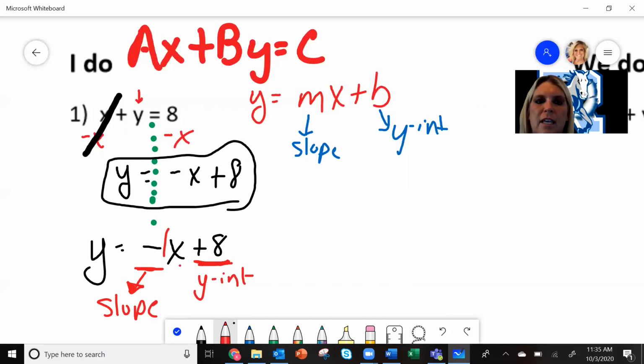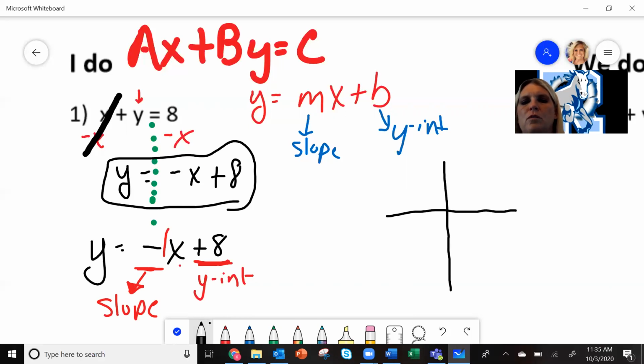So now to sketch this, I'm going to draw a coordinate grid, x and y axis, like this. Now, we're going to go on the y axis, and I'm going to go up. You would count up 8 spots, but we're just sketching it, so it would be up here.